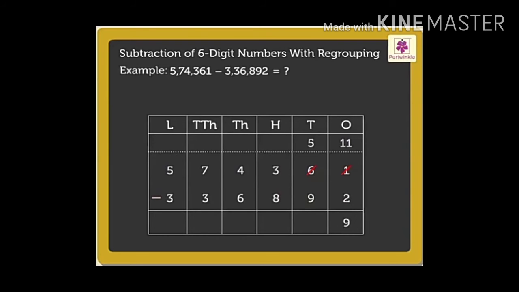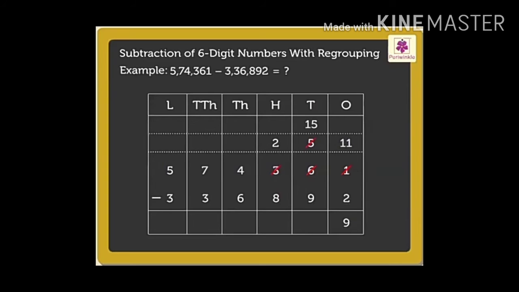Next in tens place, we cannot subtract 5 minus 9, as 5 is less than 9. We have to borrow from the hundreds place or regroup. So now 15 minus 9, you get the answer 6.